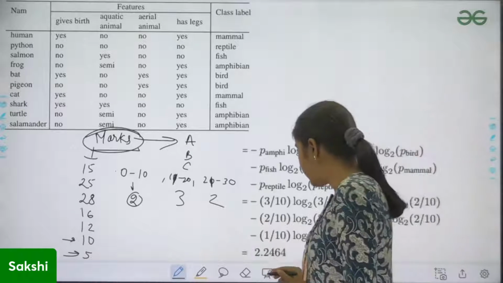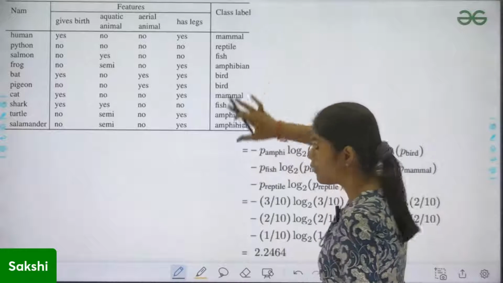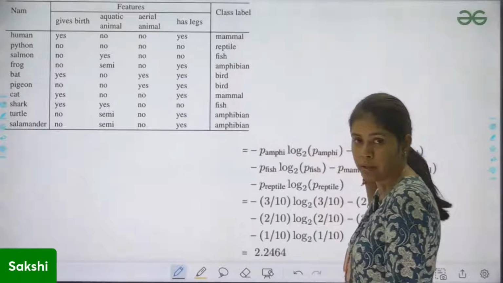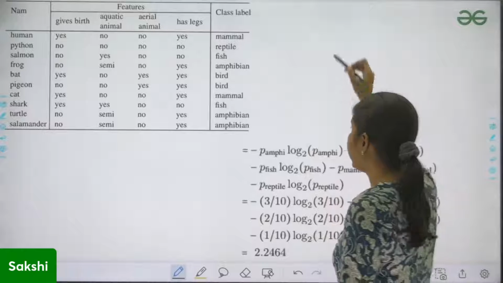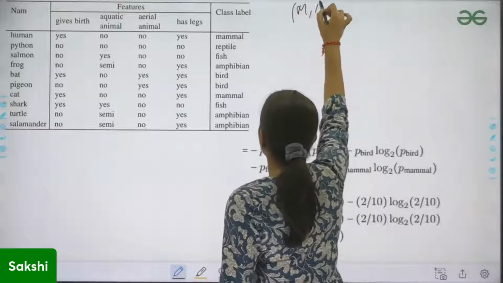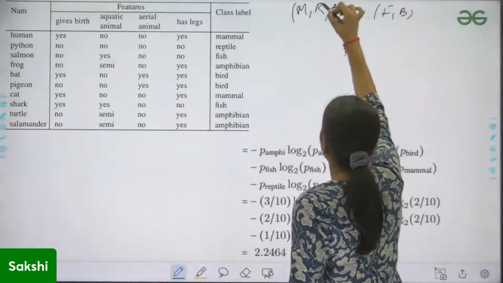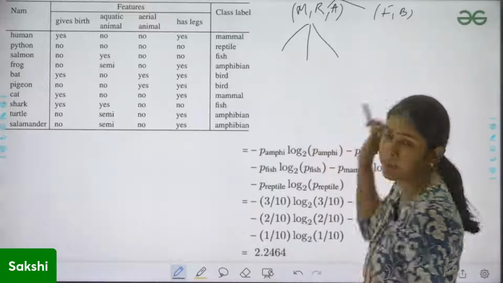And here as well, guys, in the last session I told you, let's suppose, because we have 5 values here, if I do not want to take 5 values at one time, if I do not want to divide, I'll take mammal, reptiles and amphibian in one section and fish and bird in another section. I first divide it into these two, and then divide into mammals, reptiles and amphibians.